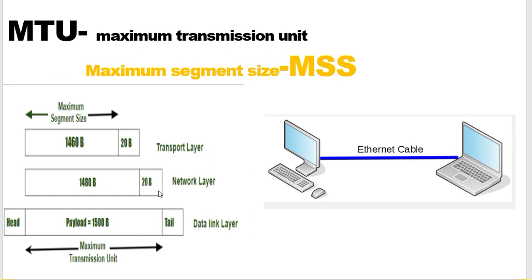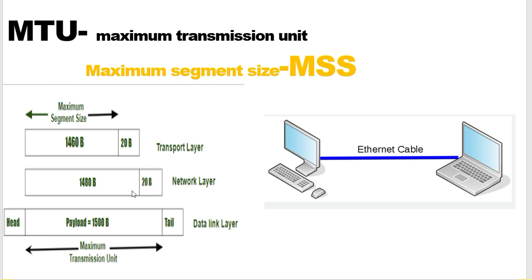So what is in a header? It's another very detailed topic. I can prepare a separate video to explain what is in the TCP header, what is in the IP header, and so on. For now, you can just understand that a header is like tagging some information. In the network layer, it is going to be the source and destination IP address and a couple more pieces of information.